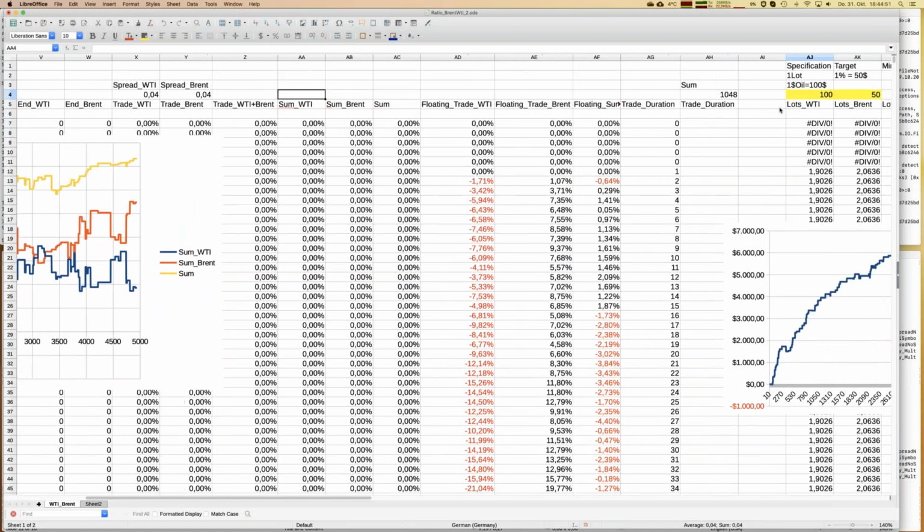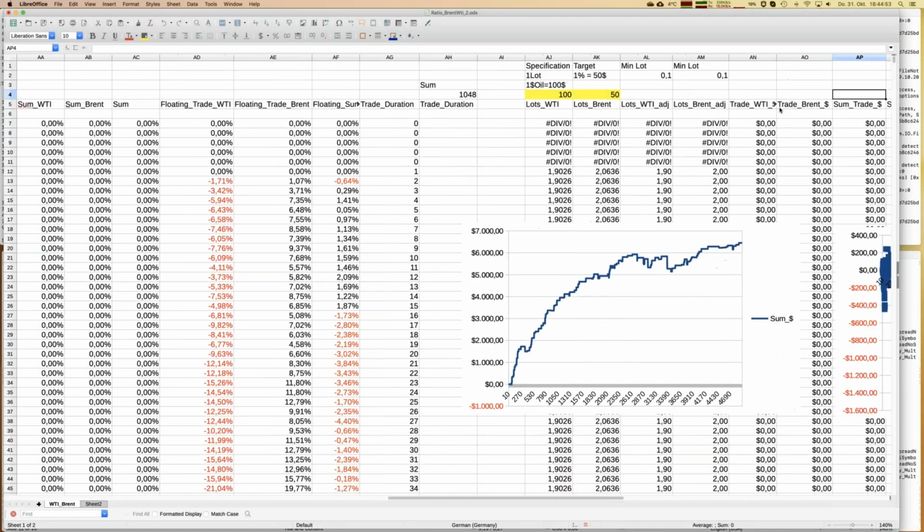No, we want to translate those trades into real dollars as well. I did it within the Excel sheet because 1 point is $100.